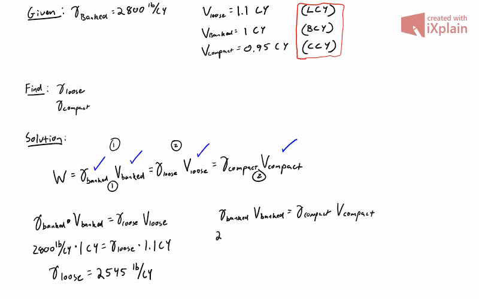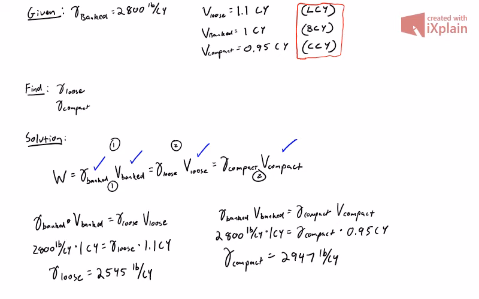We can substitute in 2,800 pounds per cubic yard times 1 cubic yard is equal to the compact specific weight times 0.95 cubic yards, and we get that the compact specific weight is equal to 2,947 pounds per cubic yard.